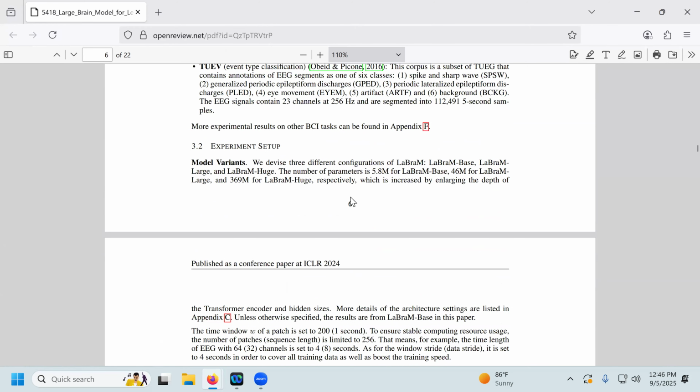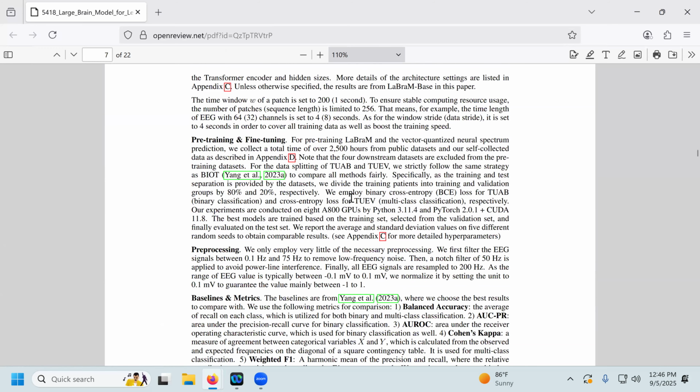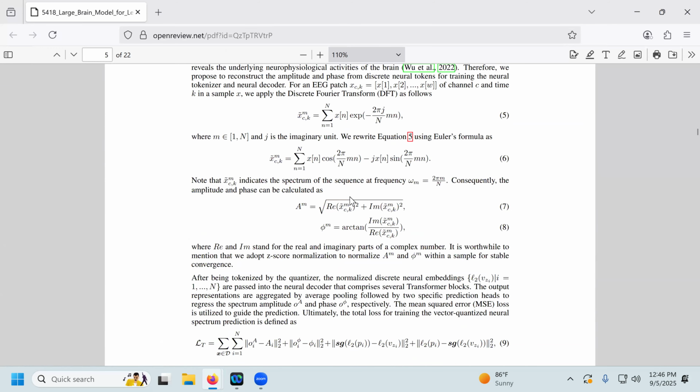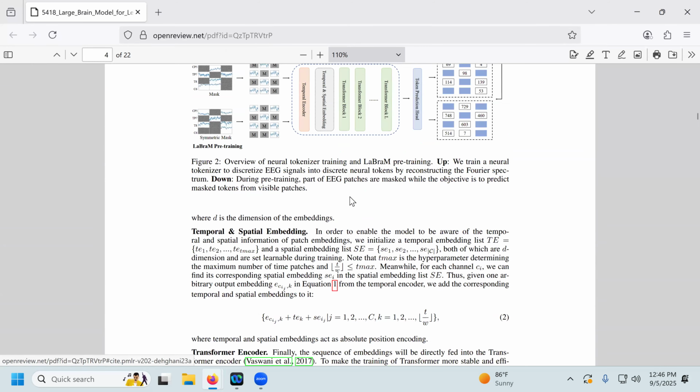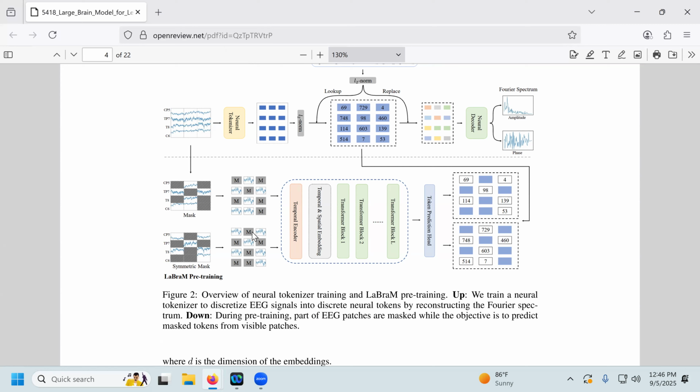And they still don't talk about exactly what the spatial embedding means. Oh, okay, I see. I think I get it. So it's similar to a vision transformer, right? But they're now just taking spatial embeddings across the electrode space.